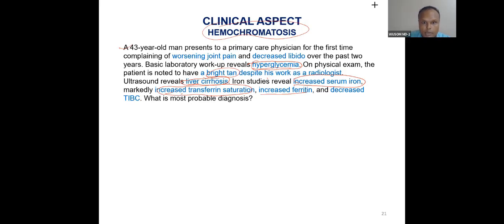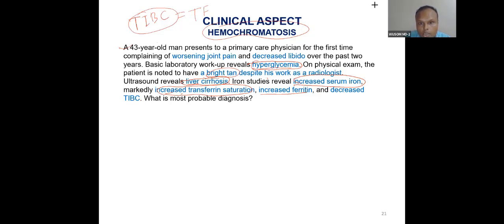Decreased TIBC. TIBC correlates with transferrin: the more the TIBC, the more the transferrin; the less the TIBC, the less the transferrin.